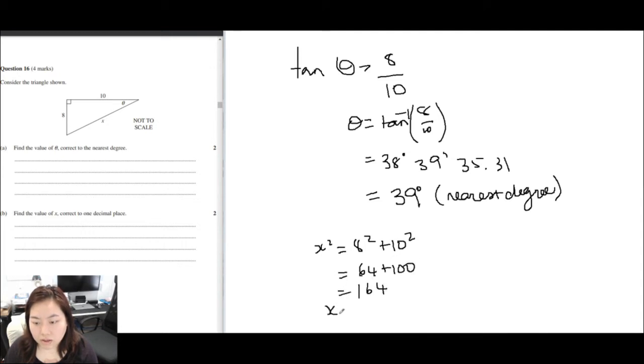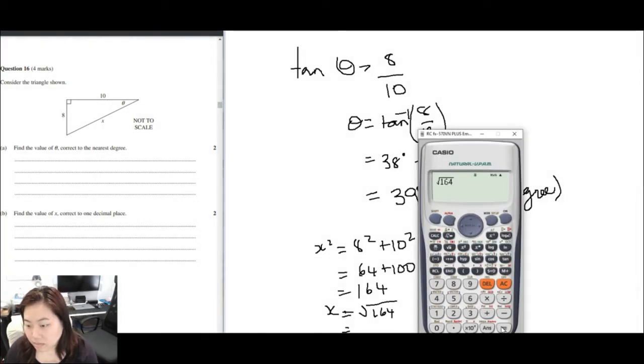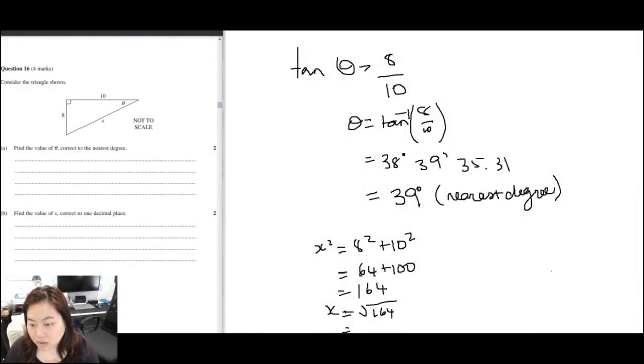164. X is equal to square root of 164. 12.806 equals 12.8. What is this? No units? I'll say units.